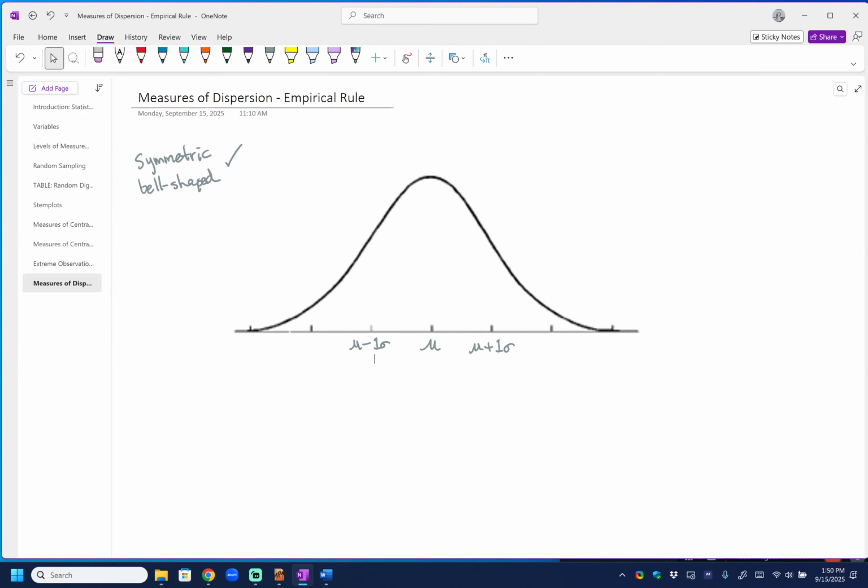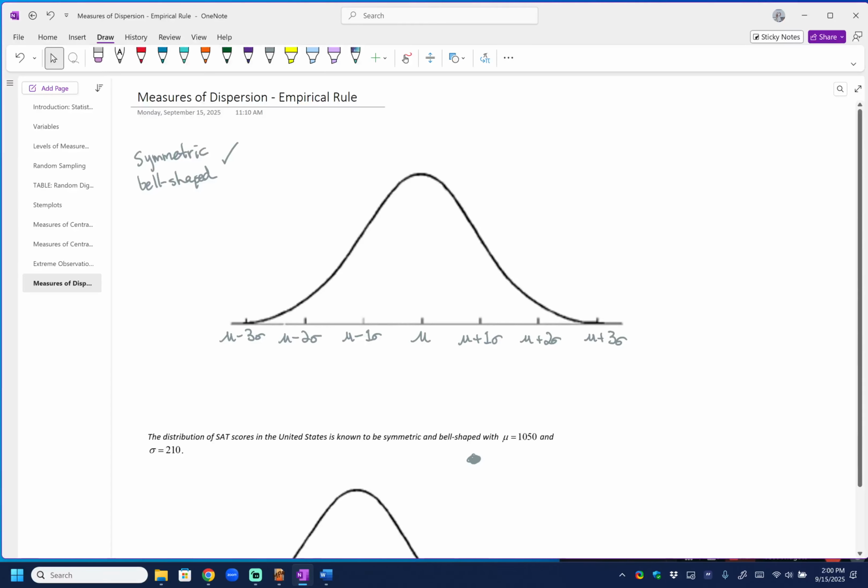We can do the same and keep on going away from these markers. So if this is mu plus one standard deviation, this right here looks like a distance of another standard deviation. So therefore, this is going to be mu plus two standard deviations. This will be over here mu plus three standard deviations. And the same thing on the other side: mu minus two standard deviations, mu minus three standard deviations.